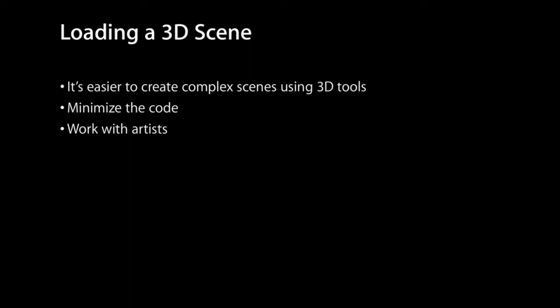The second reason is that the more information you put into your 3D files, the less code you will have to write, and so this will minimize the number of bugs in your code. And the last reason is that working with a 3D file allows you to work with artists. The artists work to build the nicest 3D scene on their side, while you can focus on your code and so work in parallel with artists.